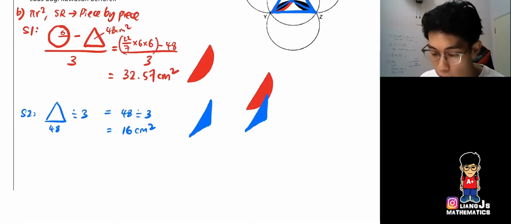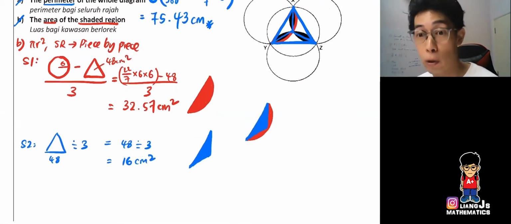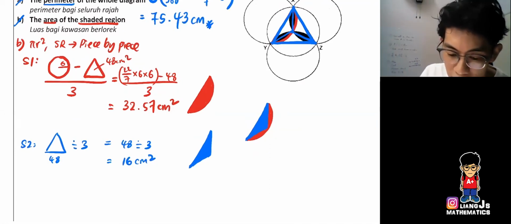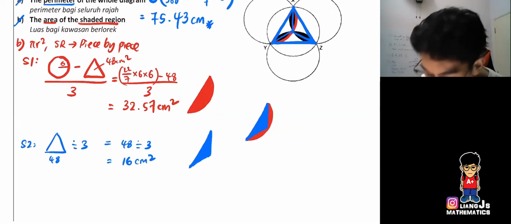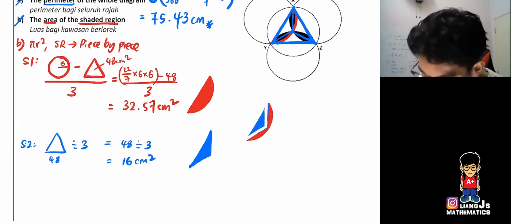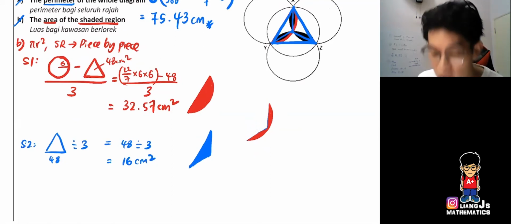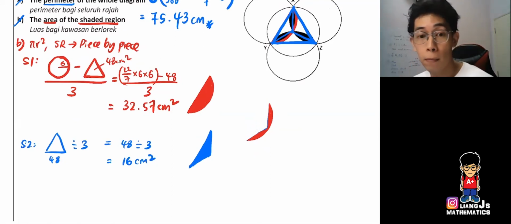If I place it, sorry, I move it down a bit. If I paste them together, okay, I want to minus off the blue color part. I take the red color part minus the blue color part. You notice that if I erase it, you see I erase the blue color part because I don't want that, I want to minus the blue color part. Do you notice you get this remaining part?